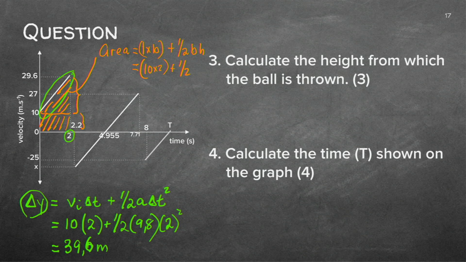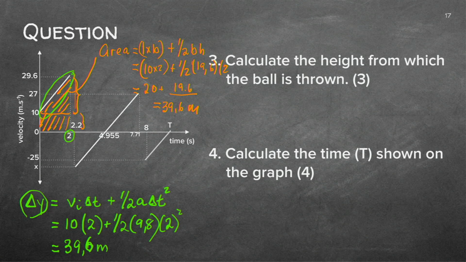Make sure that you deduct that 10 from the 29.6. That would be 19.6 times the height, which is 2. And if you calculate that, 20 plus that value, you will get exactly 39.6. I think that value is 19.6.